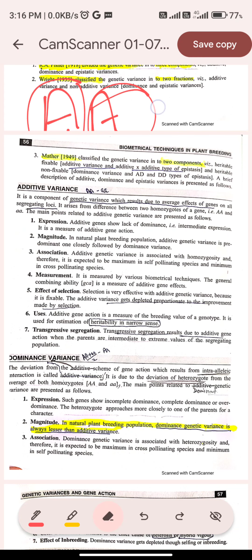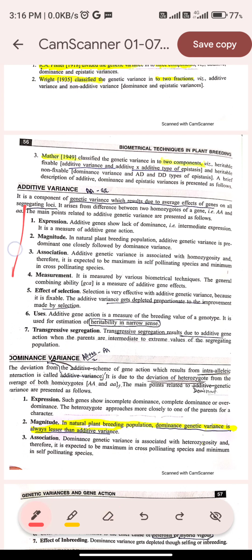And additive variance is mainly due to, suppose you have two alleles, capital A and small a. These have different average effects. So what is the difference in the effect of the two homozygotes?